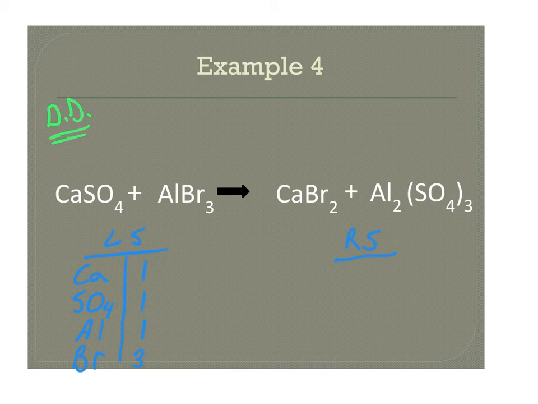On the right-hand side, or my product side, I can do the same thing. I have 1 Ca, I have 2 Brs, I have 2 Als, and now this polyatomic, this SO4, I have 3 of those.